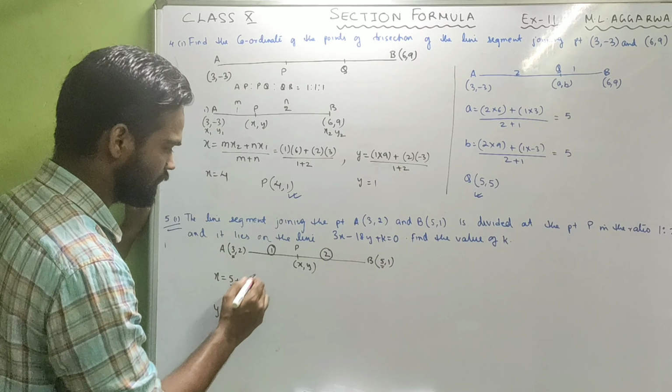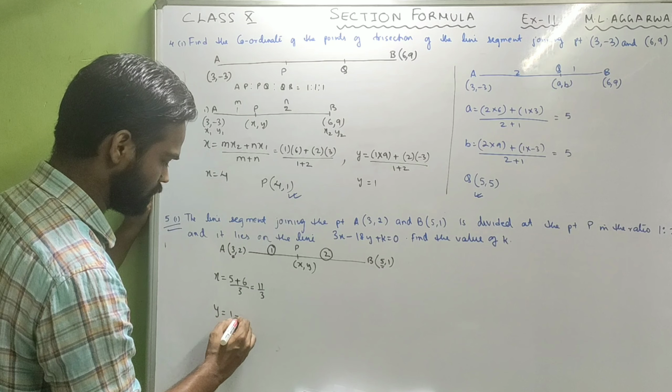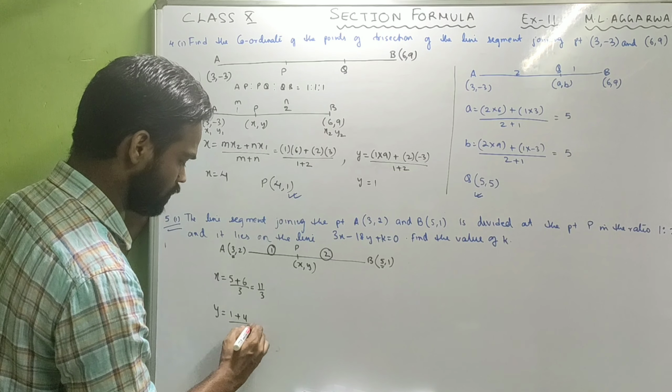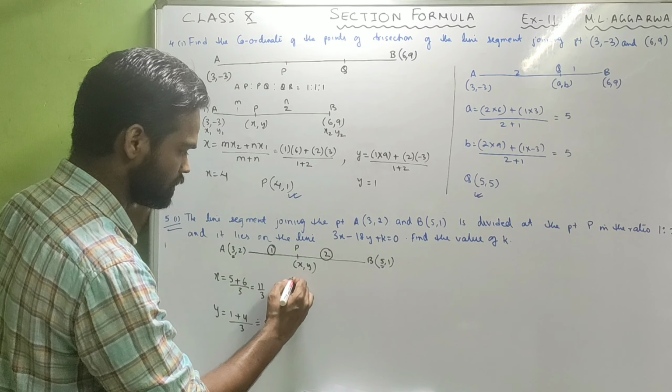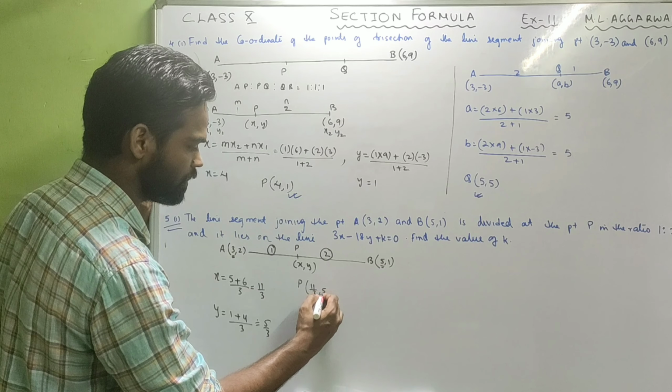And what is y? m y2, that's 1 into 1 is 1, plus n y1, that's 2 twos are 4, by m plus n, that's 5 by 3. So the coordinate of P is (11/3, 5/3).